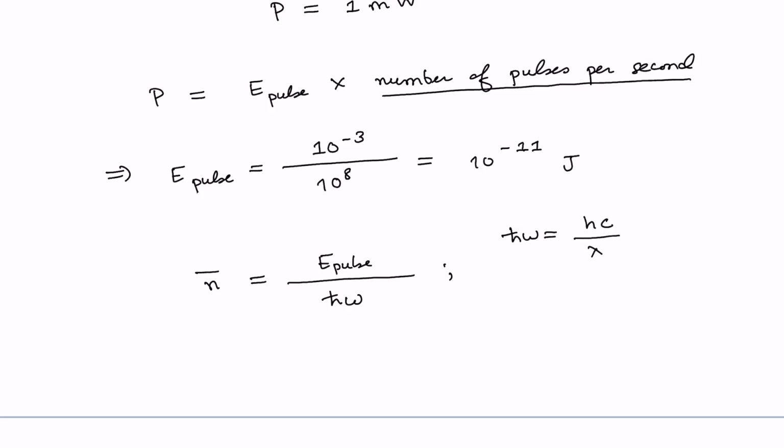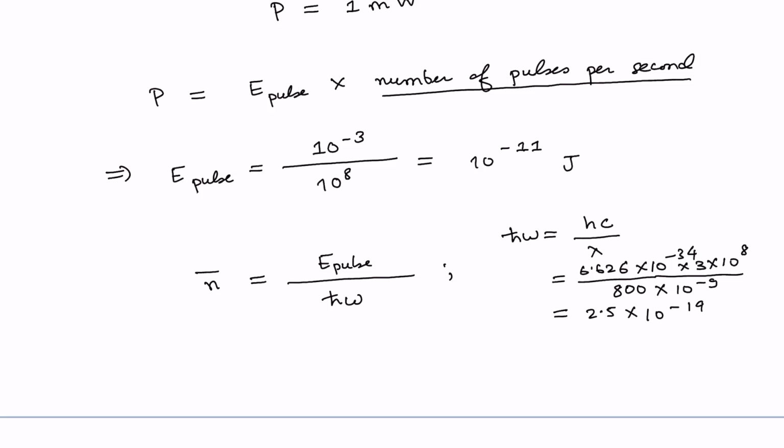So hc by lambda, h is equal to 6.626 into 10 to the power minus 34, c is 3 into 10 to the power 8 meter per second, and lambda is 800 nanometer, so 800 into 10 to the power minus 9. If you do the maths, you are going to get 2.5 into 10 to the power minus 19. Okay, this is what you will get.